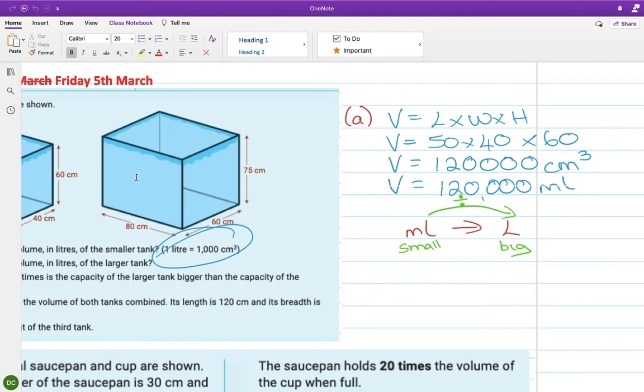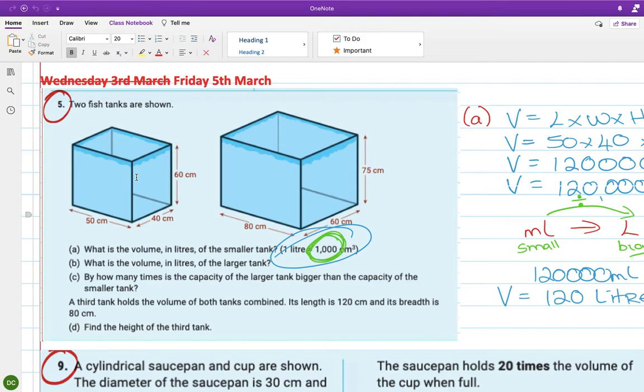You can see it over here. There's 1,000. So I'm going to take my 120,000 milliliters. I'm going to divide it by 1,000. And I get a volume of 120 litres for the little one.